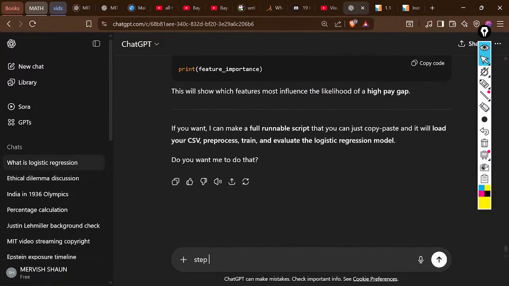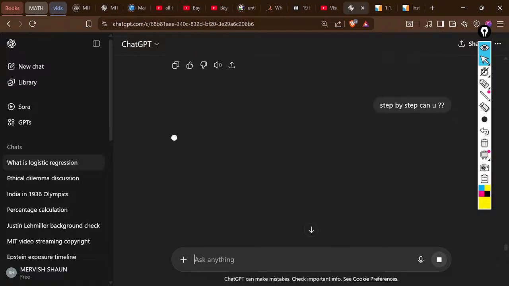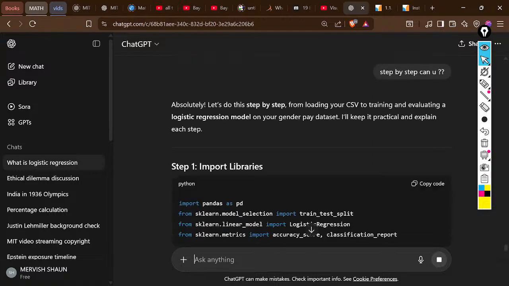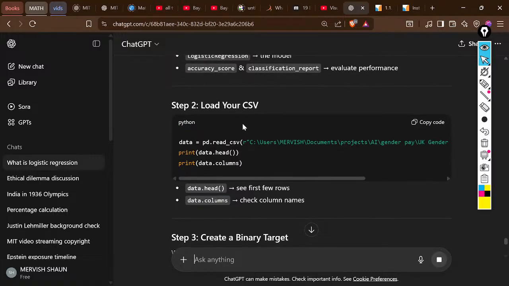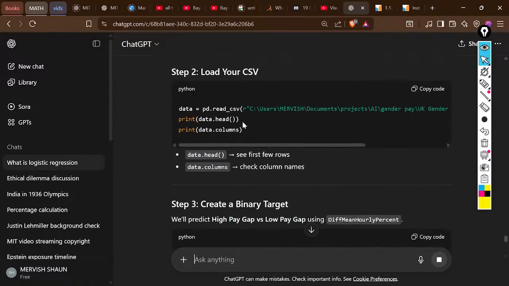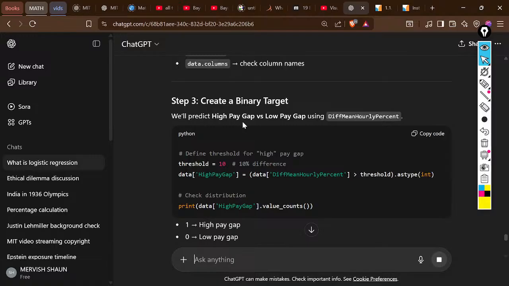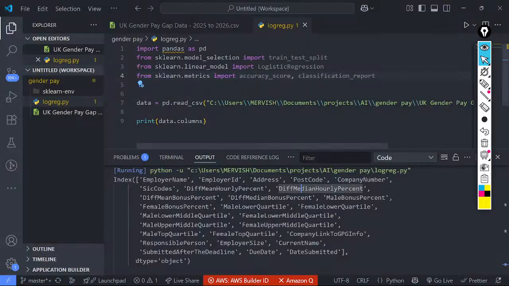Okay, step by step, can you? Bro, AI is gonna take my job. Okay, I have this, pandas for data handling. I don't have a high pay gap.